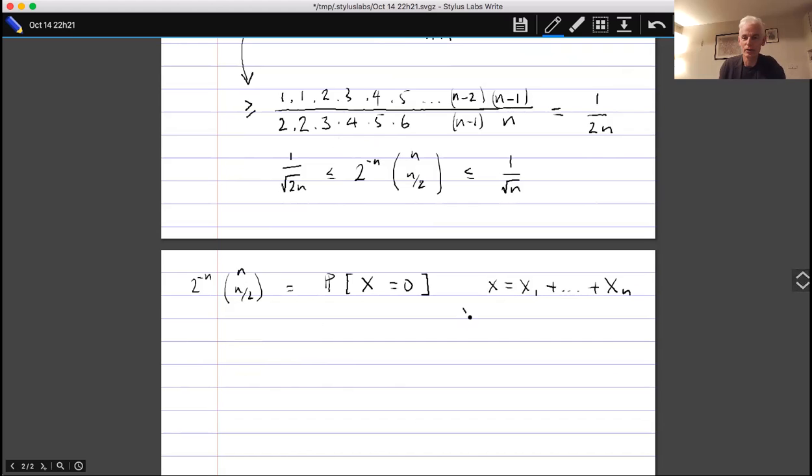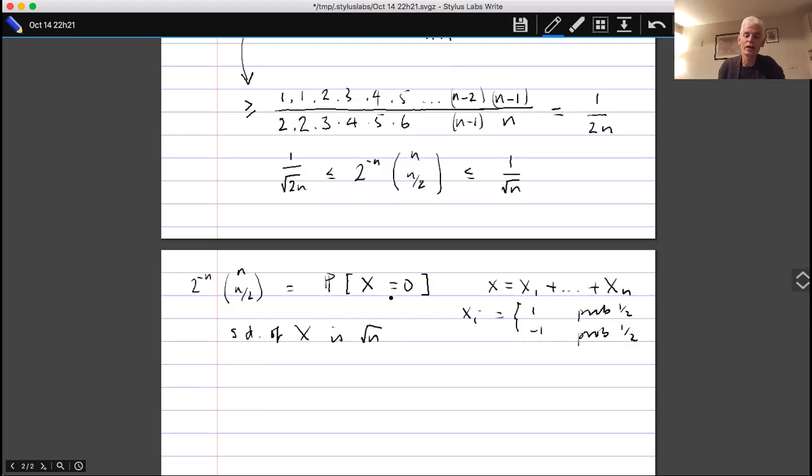And here we have xi equals 1 with probability a half, and minus 1 with probability a half, and they're all independent. And if we work out the variance of x, well, these are independent and they each have variance 1. So the variance of x is n, so the standard deviation is the square root of n. So the standard deviation of x is root n.